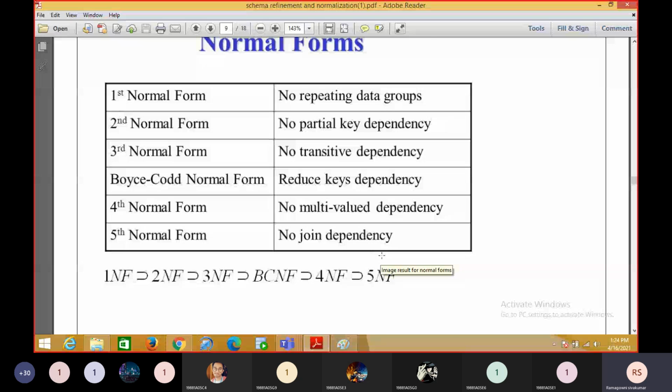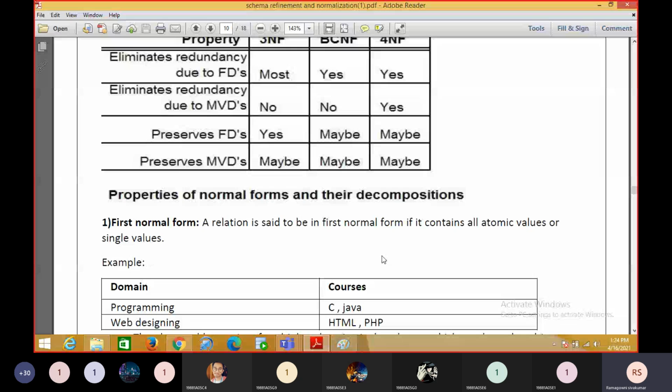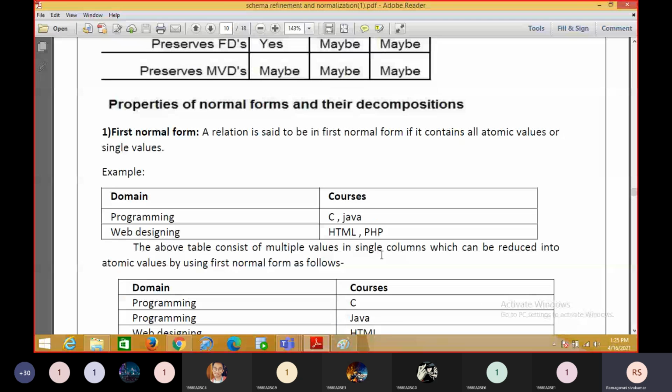So, properties of normal forms and the decompositions. First normal form: a relation is said to be in first normal form means it contains all atomic values or single values. Those single attributes having single value. See the example here: domain and course are the attributes.